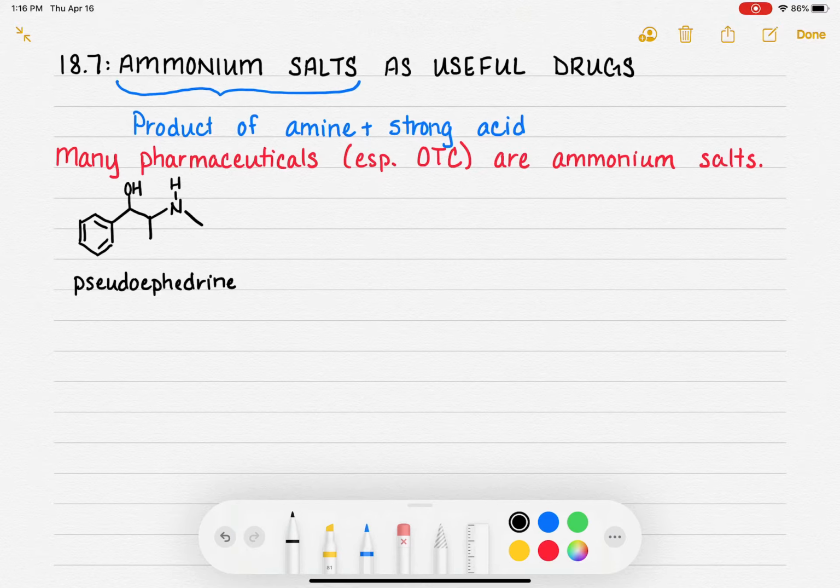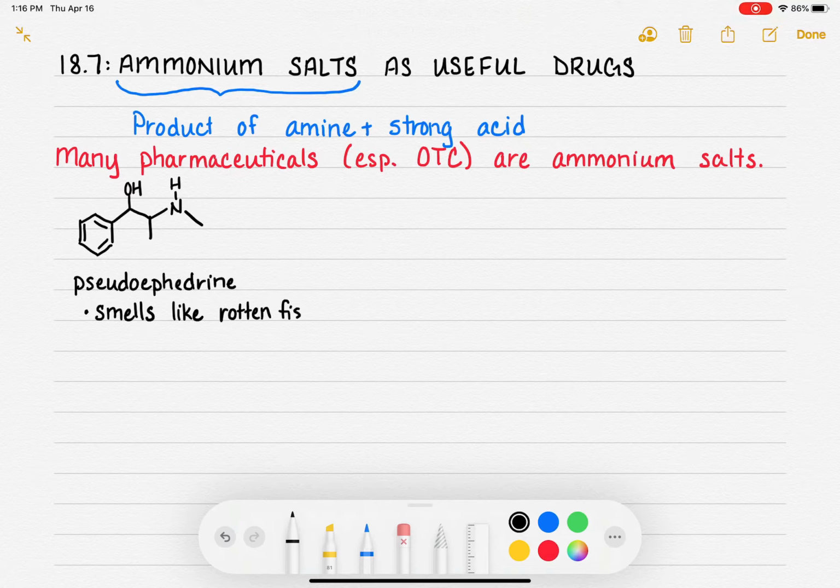So pseudoephedrine is, because it's an amine, and this is one thing we haven't talked about, amines in general have a really bad smell to them. And pseudoephedrine is no exception. So this thing smells like, I don't know how you would describe it. Amines generally smell like bad fish. So maybe we'll say it smells like rotten fish.